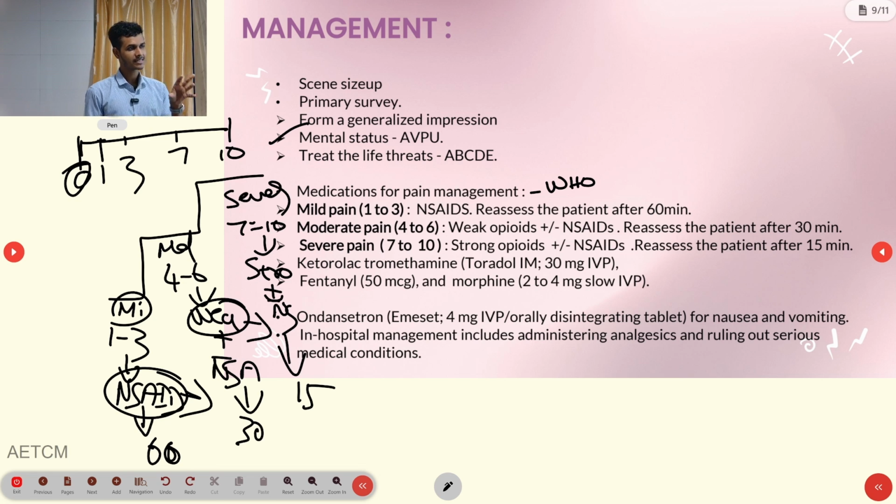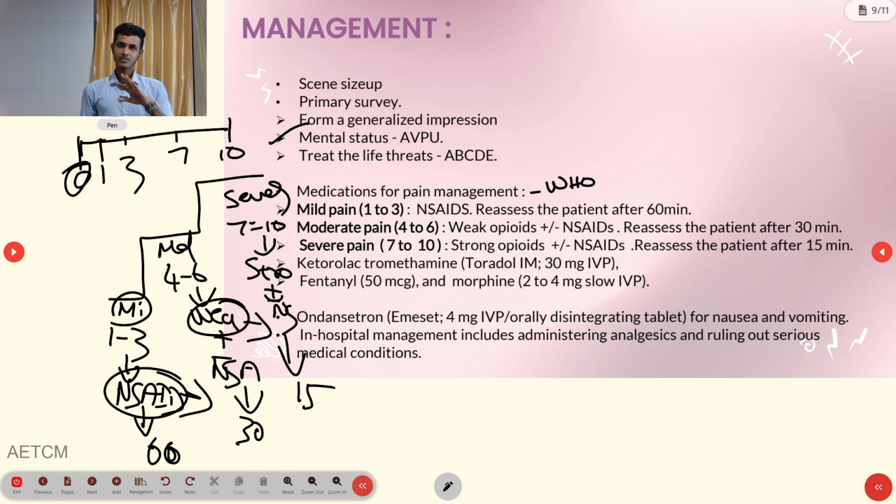What is the major important thing to keep in mind while administering opioids? There might be a chance of respiratory depression. If you are suspecting the case as a subarachnoid hemorrhage, there will already be pressure over the respiratory center. Because of the increased cranial pressure, there will be an alteration in the respiratory pattern.